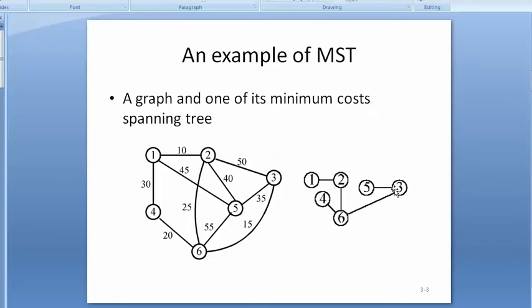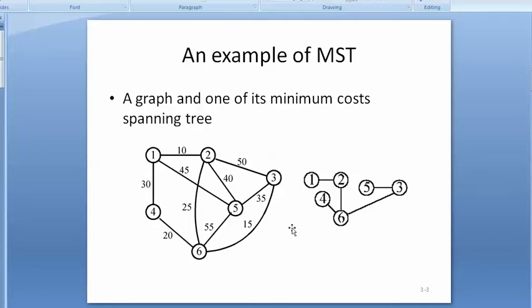As you can see, this is a tree because there are no cycles within this subgraph. Also it includes all the vertices of this graph, so it is a spanning tree. And as I will show you in the coming slides, it is also a minimum spanning weight tree because its weight is the minimum of all other spanning trees in this graph.